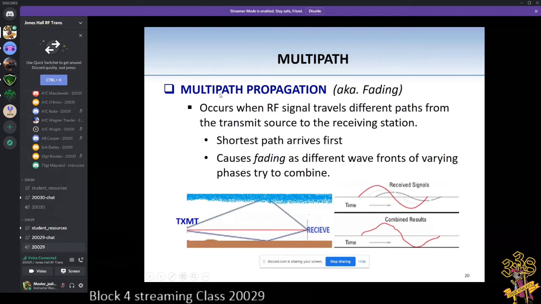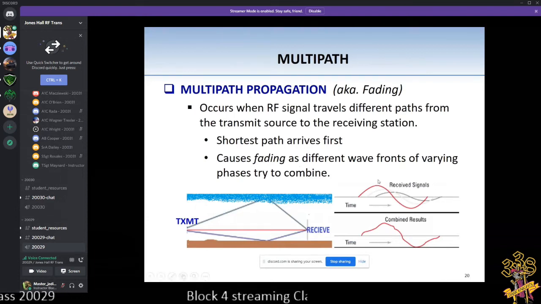Well, the different paths are going to affect the propagation or the traveling of that signal. The part of the signal that took the shortest path will get there first. And then those that reflected a lot or just had to go through a thick grove of trees, they're going to come in a little bit different.